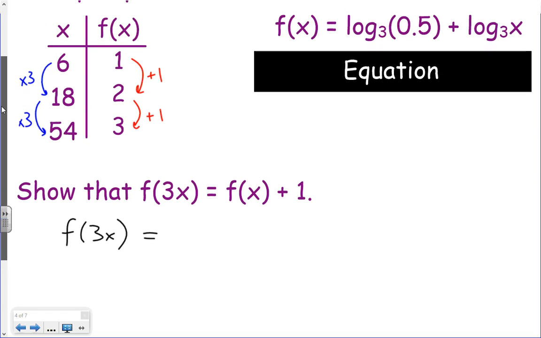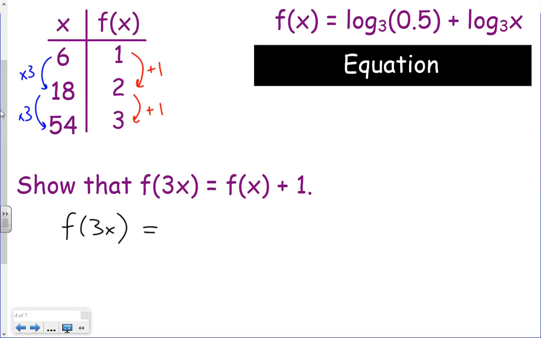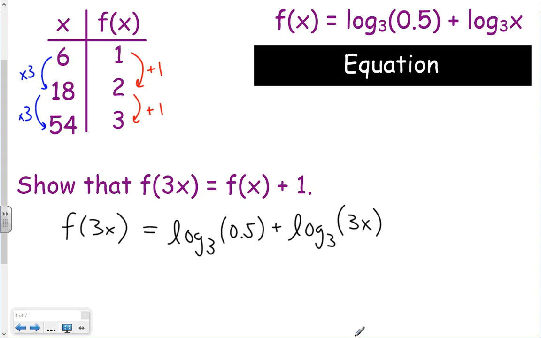So that's log base 3 of 0.5 plus the log base 3 of x. Now that was because we were plugging in x. Here we're going to plug in 3x. So I'm going to add on the log base 3 of 3x, because that's my argument for f of 3x.